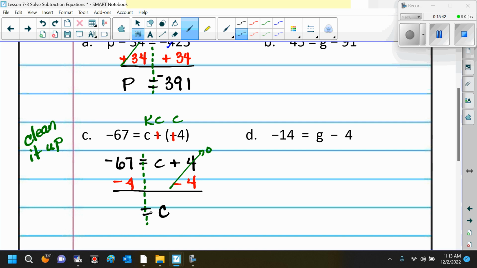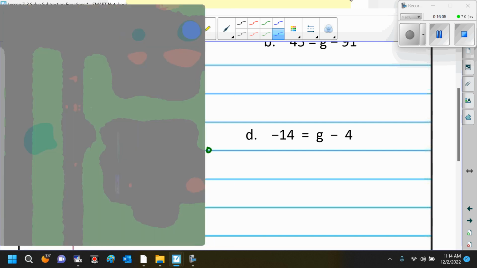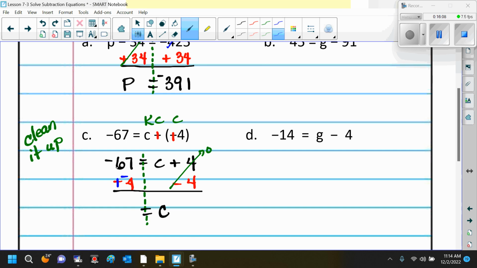And C is equal to, now this is negative 67 minus 4. Remember, even if it's one on top of each other, you're still going to do keep, change, right? So we're going to keep the negative 67. The subtraction becomes addition. And the 4 positive becomes negative 4. So now we've got a negative 67 plus a negative 4, and that gives us what?